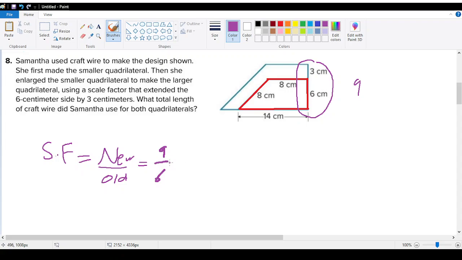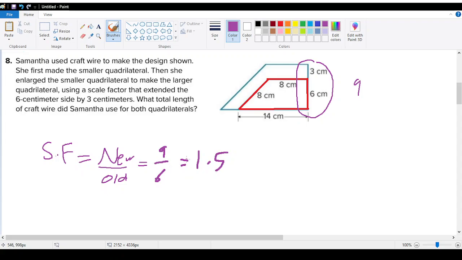No. Do it like a long division. Okay, 1.5. That's correct. This is the scale factor, Shamsa.